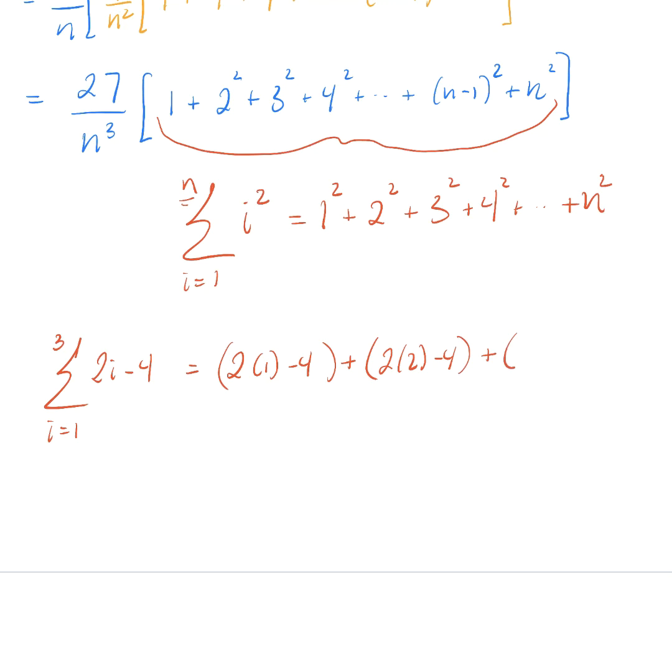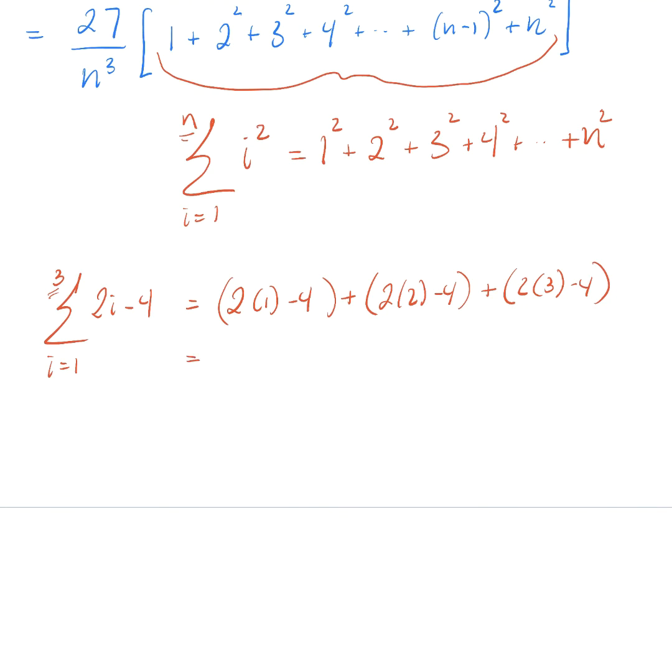Now we bump the index up to 3, 2 times 3 minus 4. But 3 is the upper limit of our sum here, so it's the last index. We'd only have 3 terms. And it looks like we would have negative 2 plus 0 plus 2, and in fact, this sum would end up being 0. That was a coincidence. That wasn't intentional.